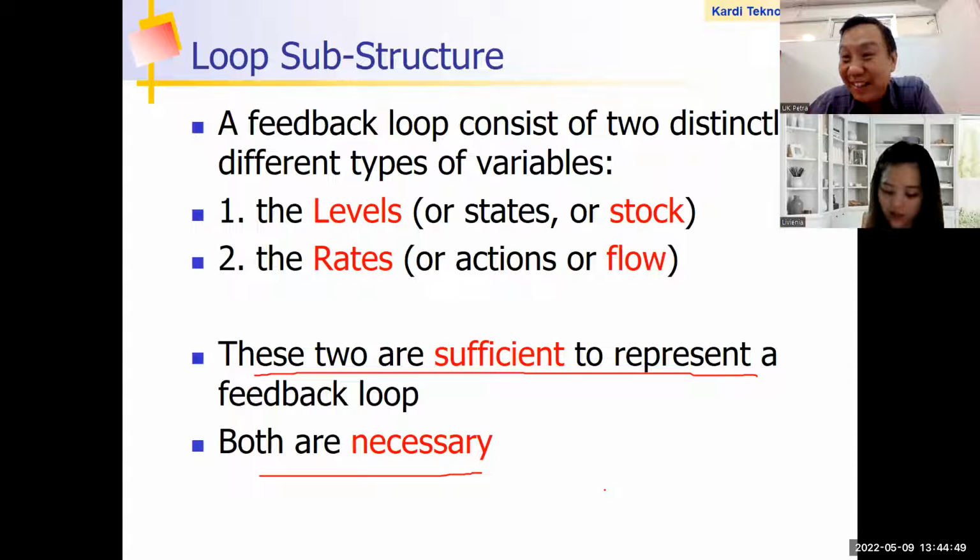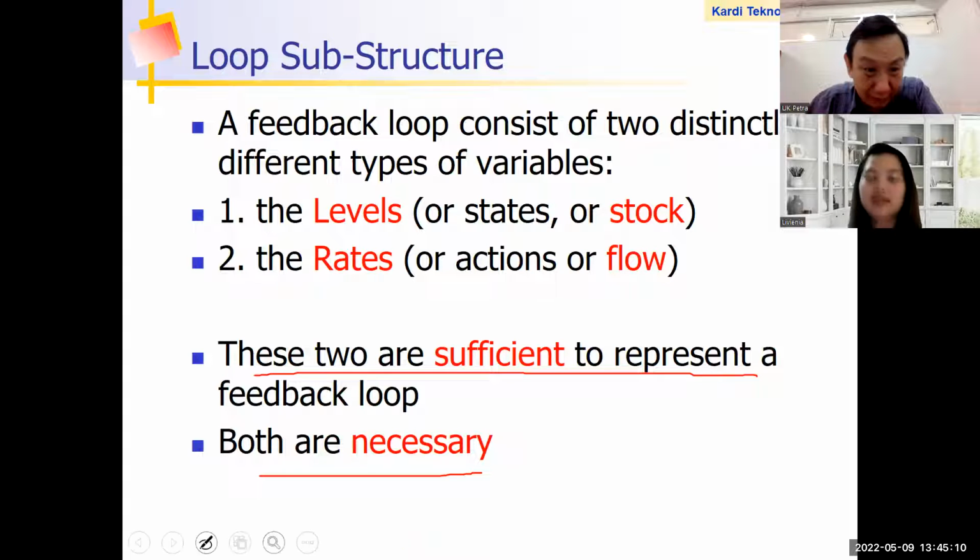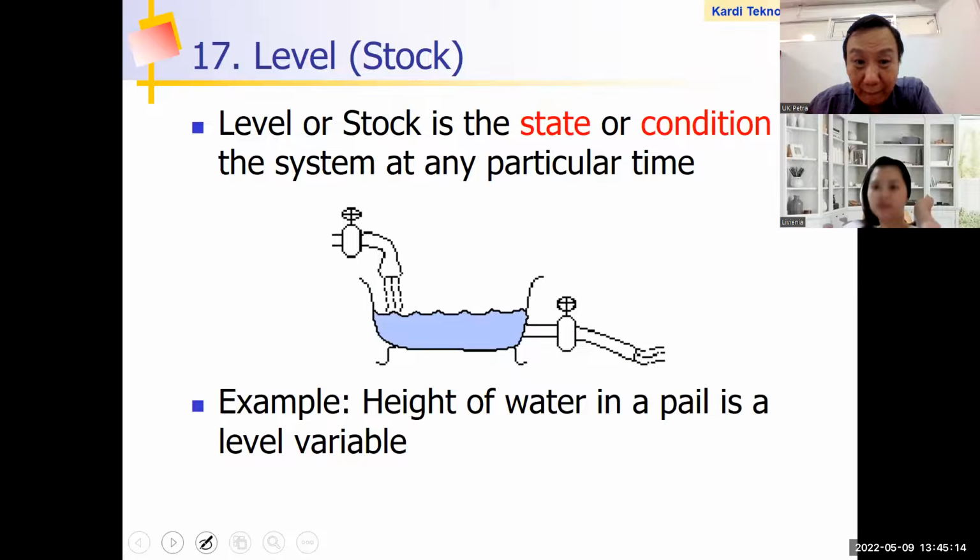Now you understand the importance of this, right? Both are necessary and sufficient. So any dynamic system must have stock, or level, and then must have some flow or rate. Clear? So now you can imagine to model anything, right? Now you have become superpower.